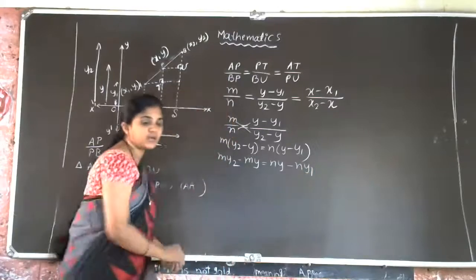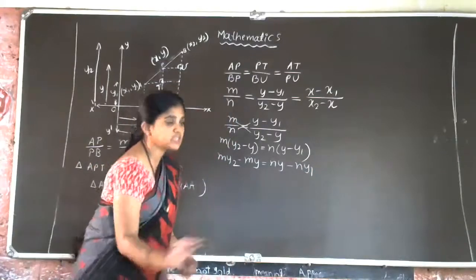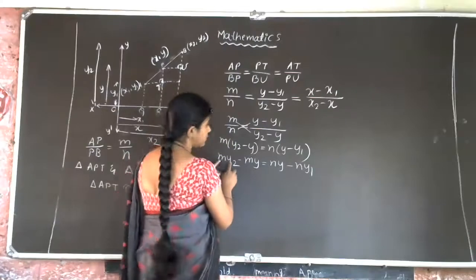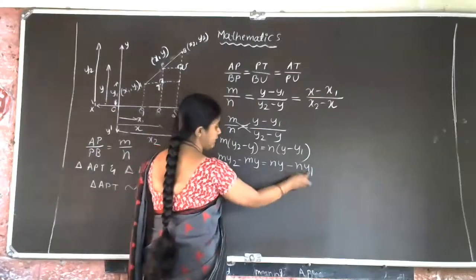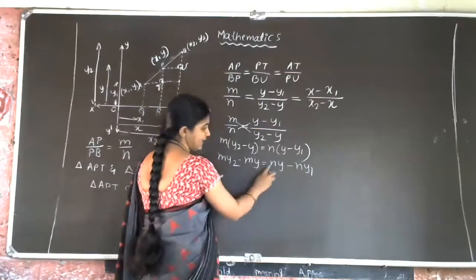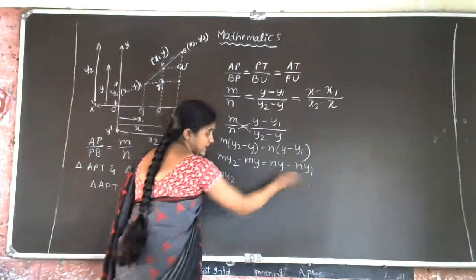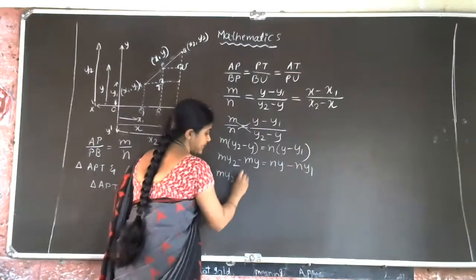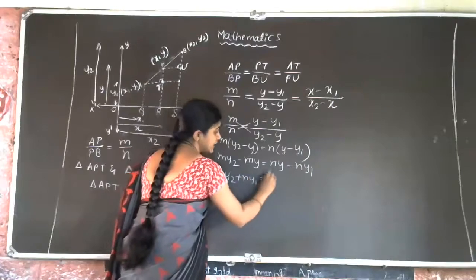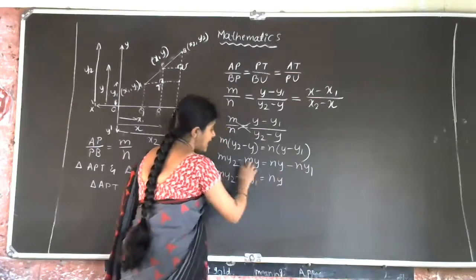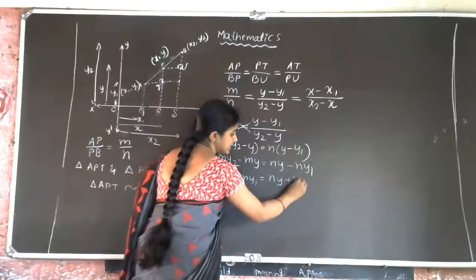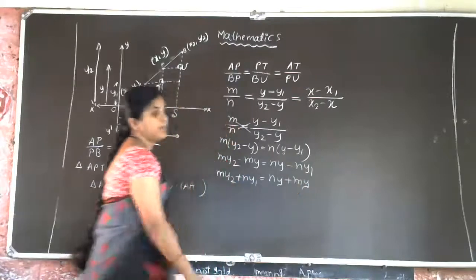Got the idea, no? Next step, we take MY2 and NY1 to one side, and MY and NY to the other side. So MY2, taking NY1 to this side, plus NY1 is equal to NY, and minus MY comes to this side as plus MY.